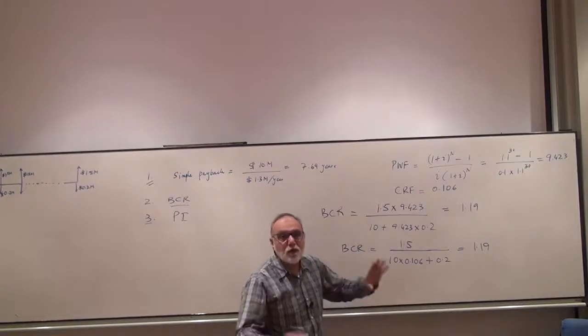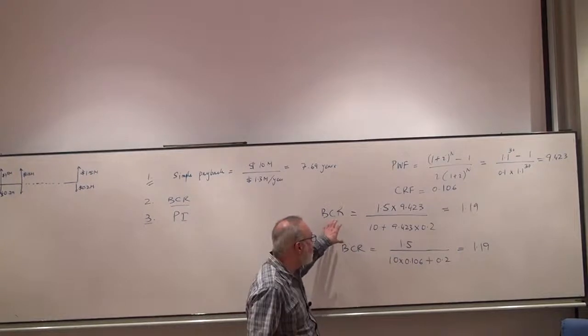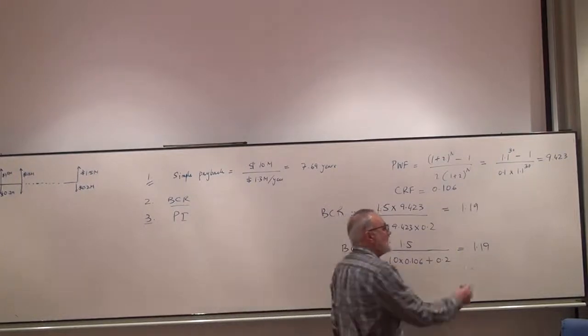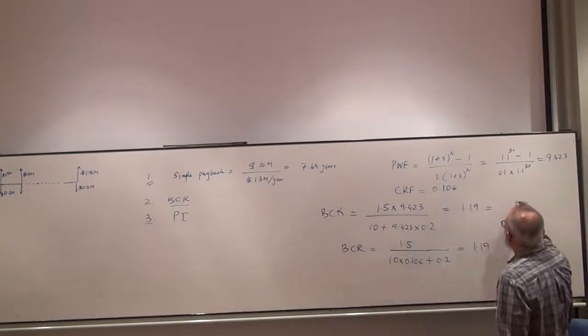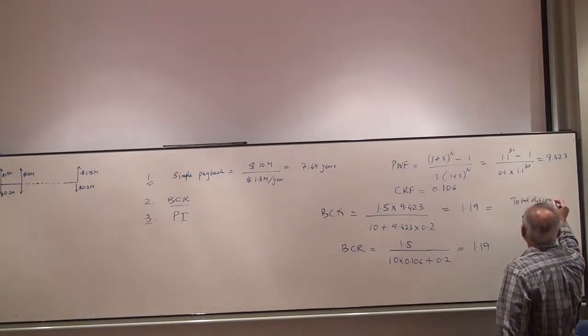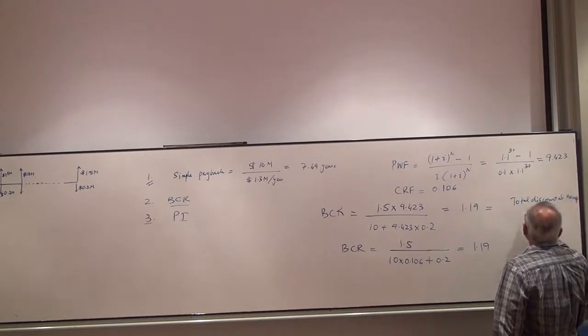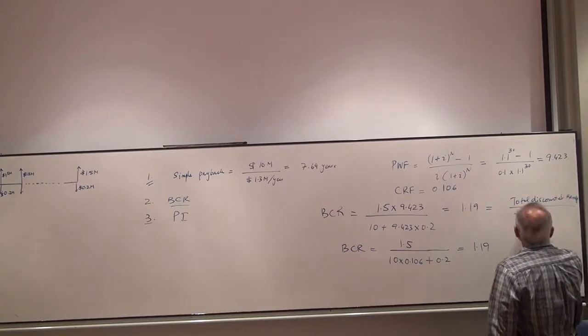Both ways, either on the total cost basis, total benefits divided by total costs. This 1.19 is calculated by total discounted benefits over total discounted costs.